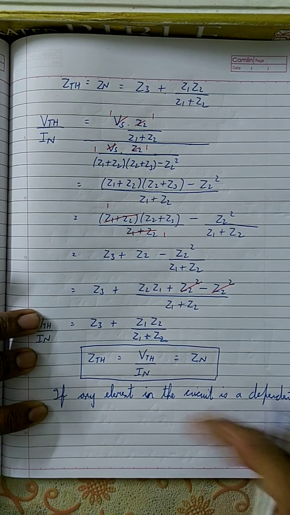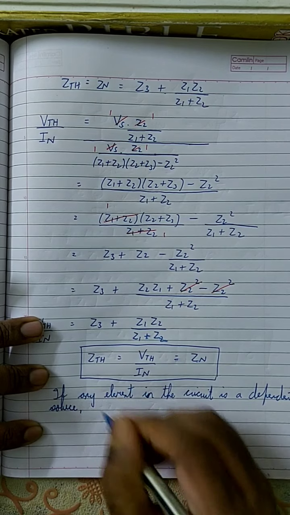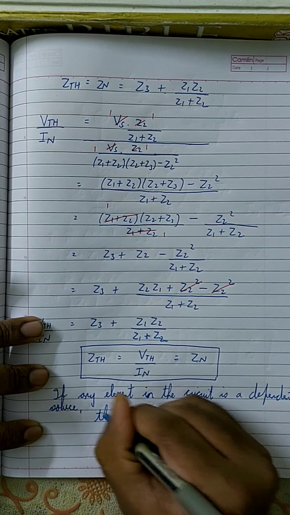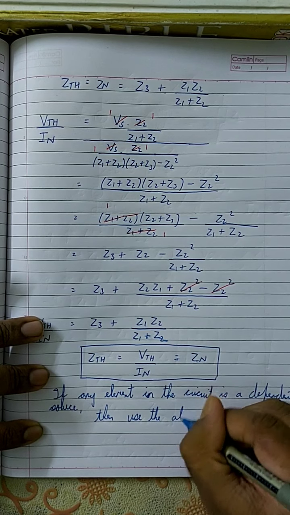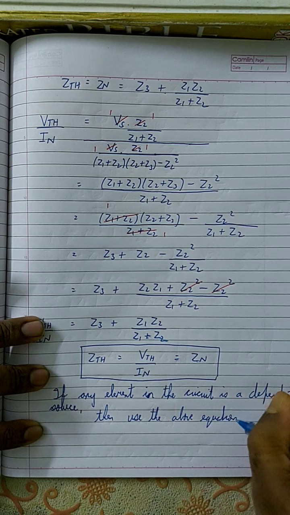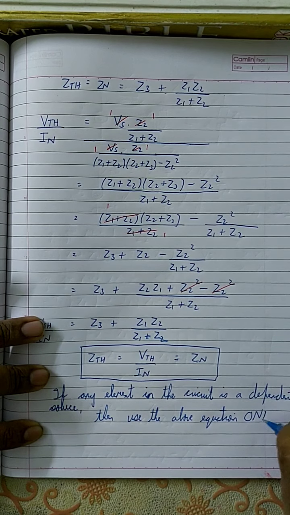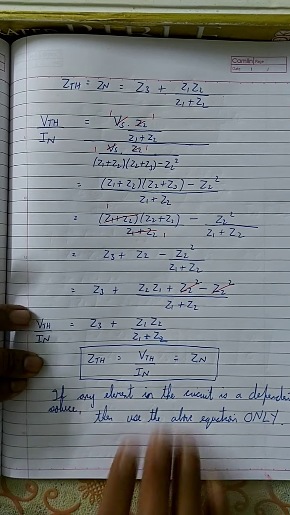If any element in the circuit is a dependent source, then use the above equation only. That is what is very important.